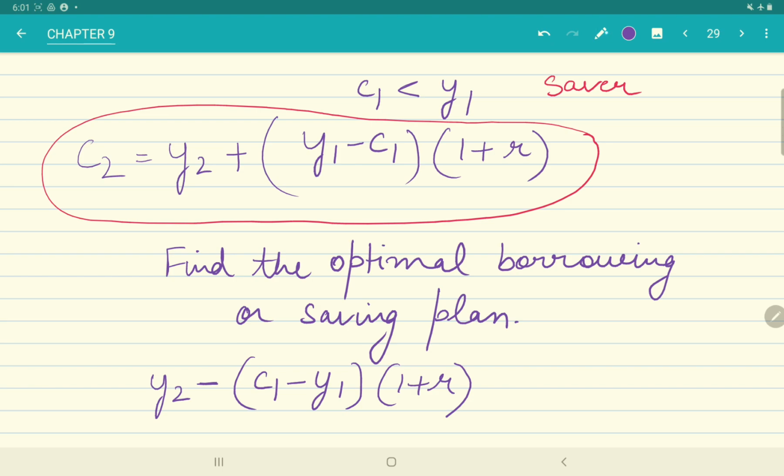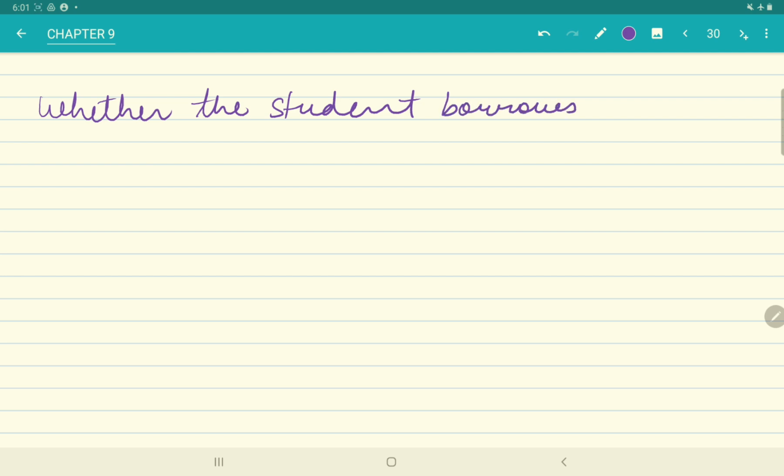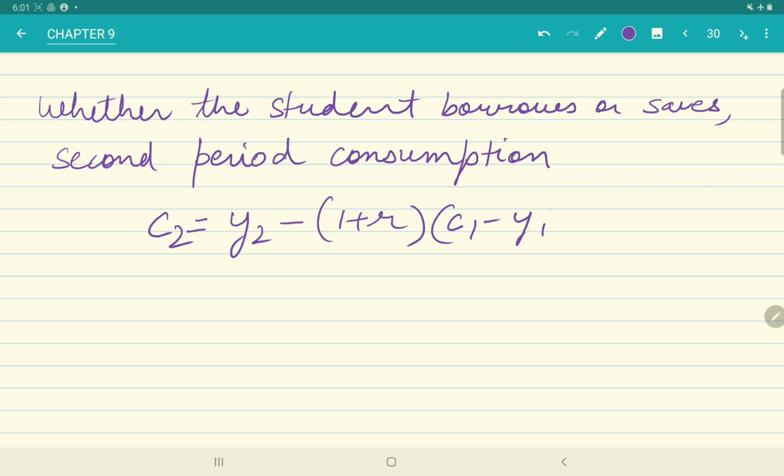So the point to note here is that whether the student borrows or saves, second period consumption is this C2, which is equal to y2 minus (1 plus r)(c1 minus y1). Either way, it's going to be this much.